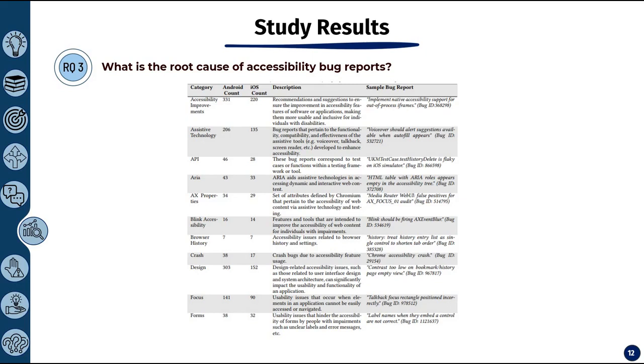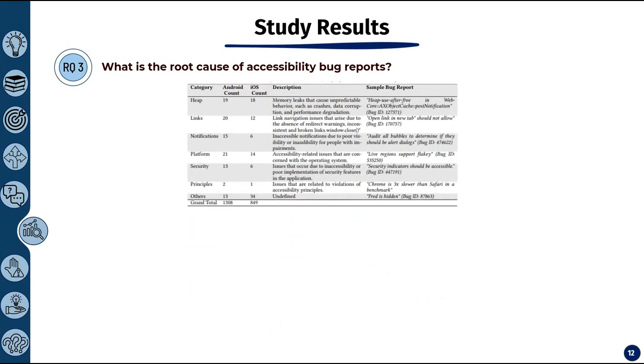The top category is accessibility improvement, with 331 for Android and 220 for iOS. The second one is design, with 303 for Android and 152 for iOS. And this is an extent of the categories.